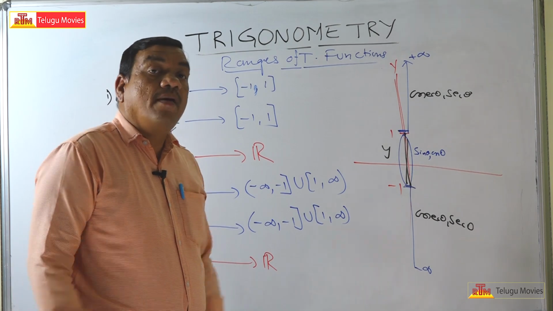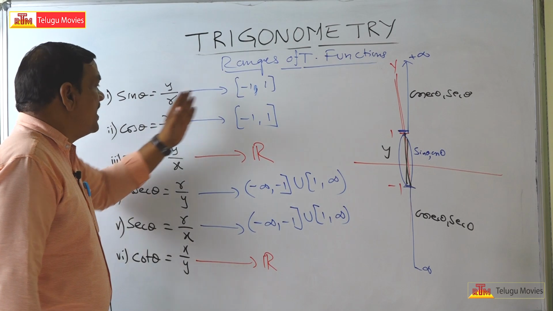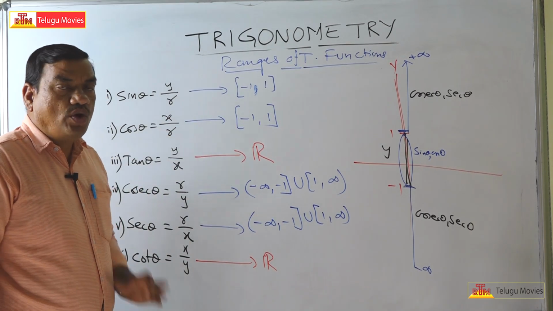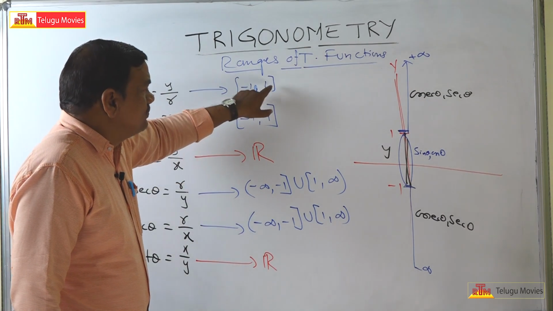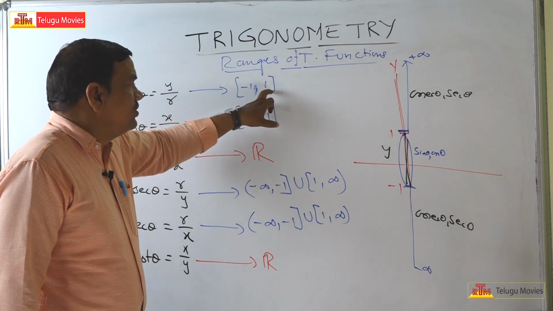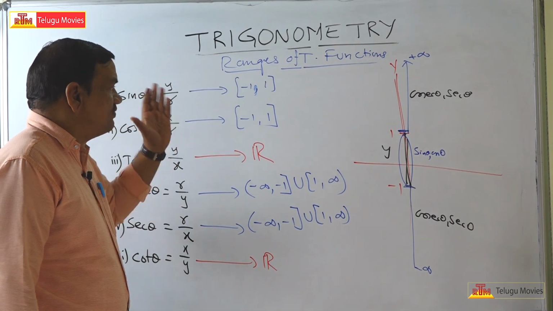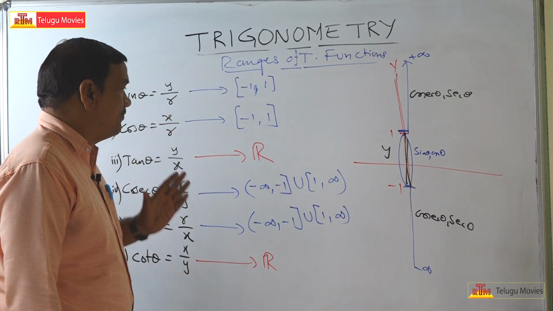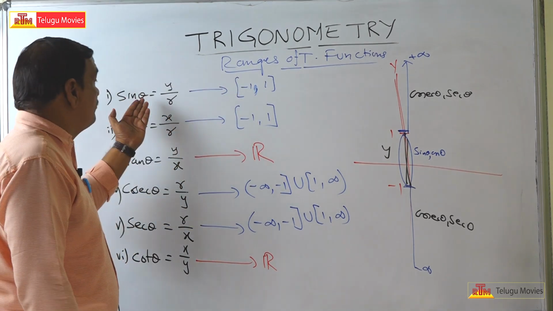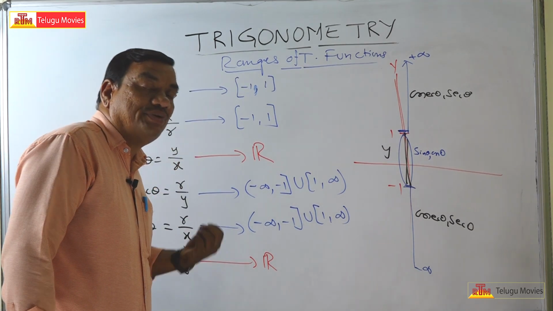Now my question: as I already told, the range of sin theta is -1 to 1 and the domain is the set of real numbers. When I say -1 to 1, from 0 to 1 are positive values and from 0 to -1 are negative values; 0 is neither positive nor negative. For which values of theta will sine become positive and negative?